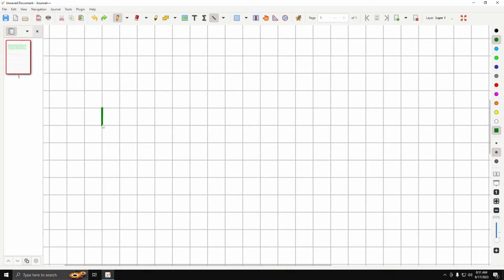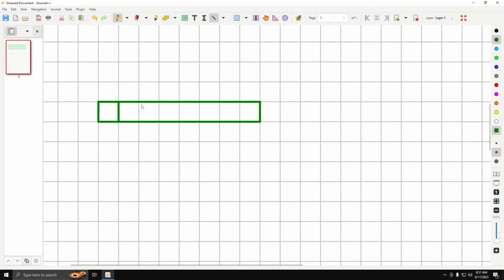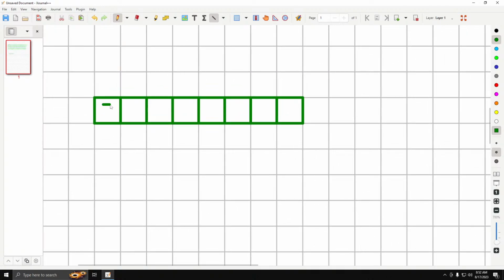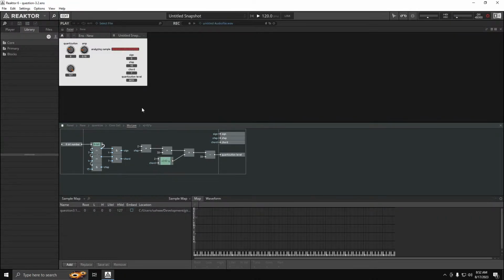Make this 8. 1, 2, 3. Here's a byte. So the first bit is the sign, plus or minus. Then the next 3 bits, well, the first bit is a sign.